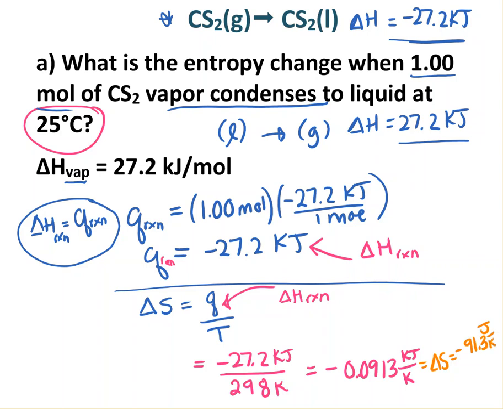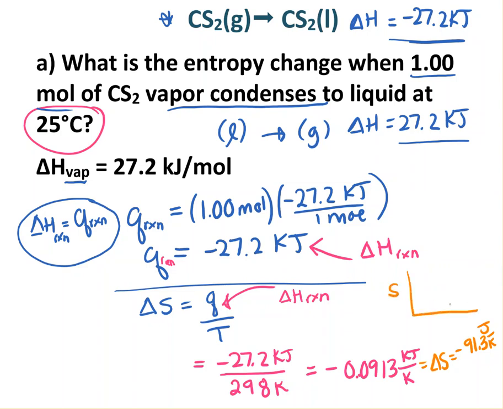And so notice that we now know our units for entropy. It's energy per temperature. Joules per K is the typical. Okay, and then we could ask ourselves, does this make sense? So as far as it being negative, let's think about what that means.